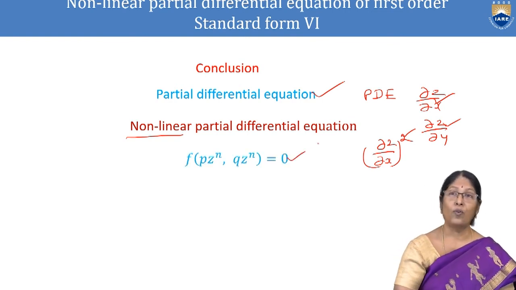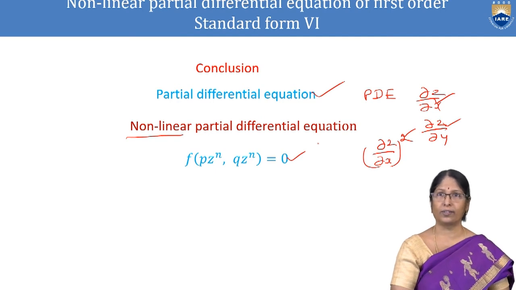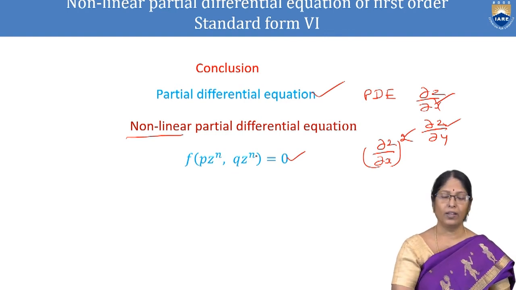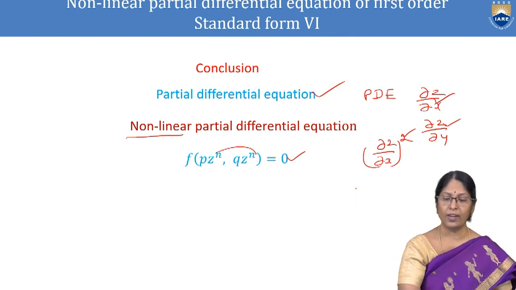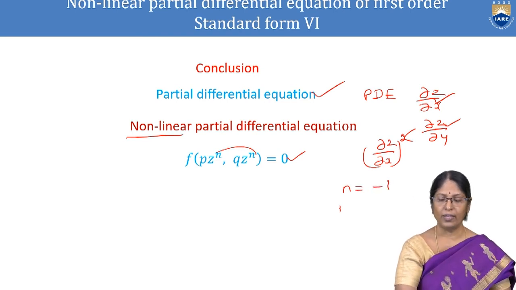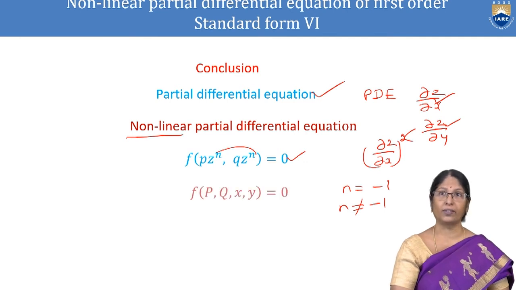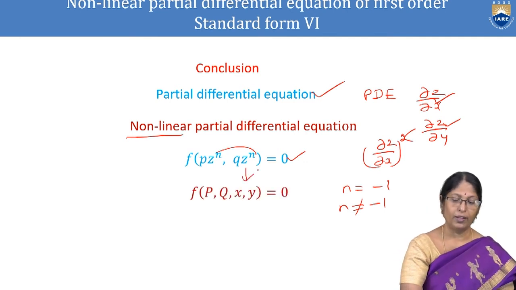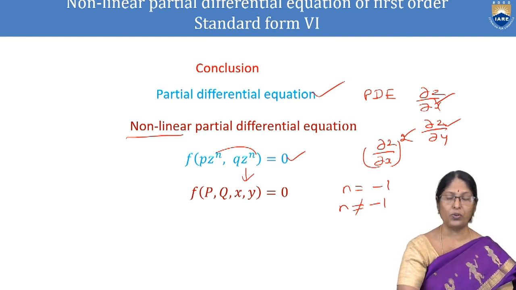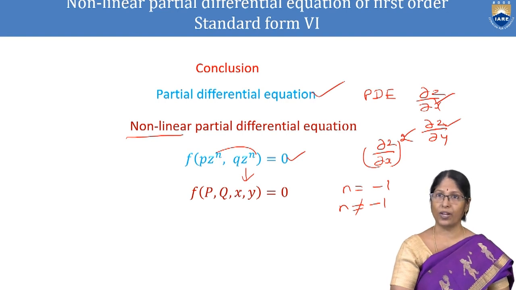This is the form of standard form 6, that is P into z power n, comma, Q into z power n. Here two cases are there: n equal to minus 1 is one case, and n not equal to minus 1 is another case. Then for standard form 6, some steps we will follow, which reduce it to standard form 3.